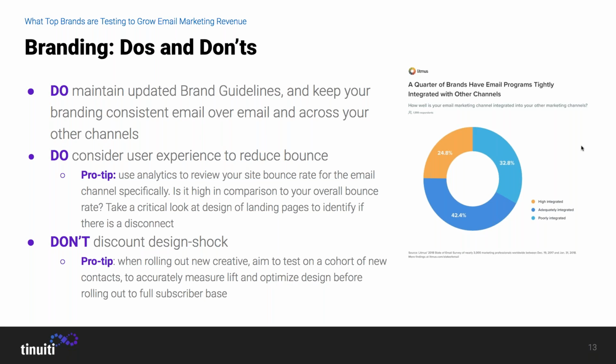So what we normally would recommend is a slow, gradual rollout. And when you're testing it, test it with a new cohort. So test it with new users who haven't spent a lot of time interacting with the old brand. That's a really great way for you to grab information on how that new creative is performing and how to optimize that before you roll it out to your full audience.